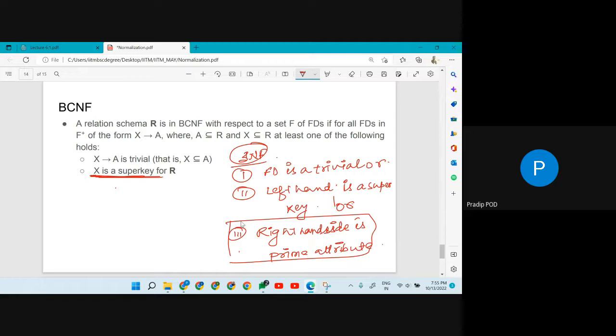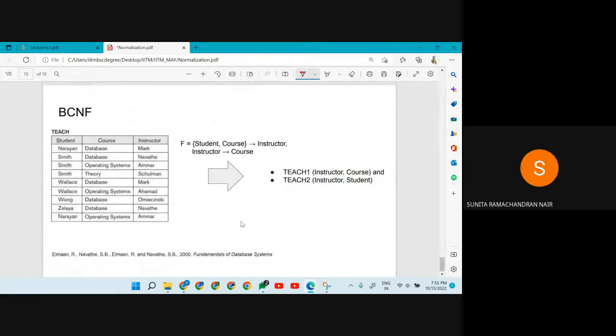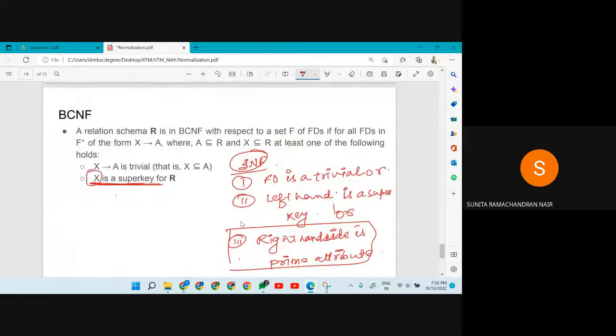So in the BCNF, only one condition needs to be satisfied, that is, the left hand side should be a super key. Here also it is an OR with the trivial functional dependency. If it is a trivial functional dependency, then you can say directly that it is in BCNF.